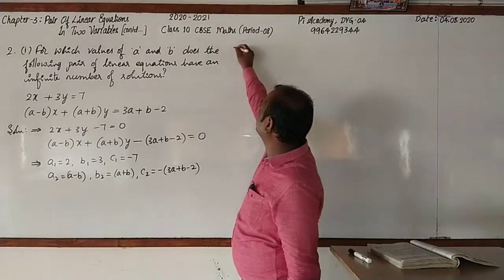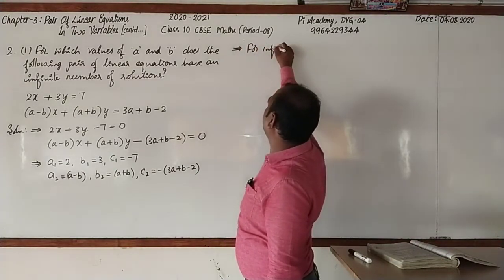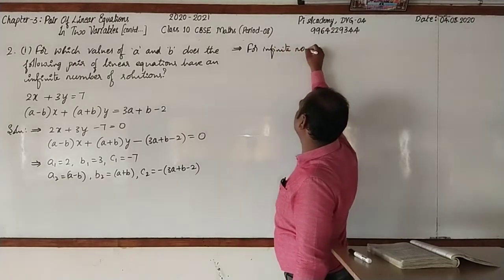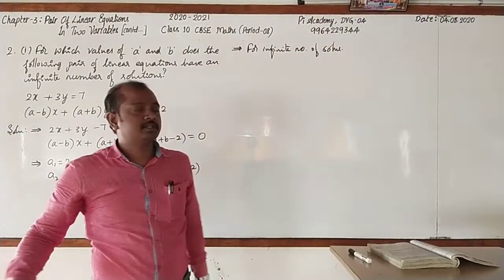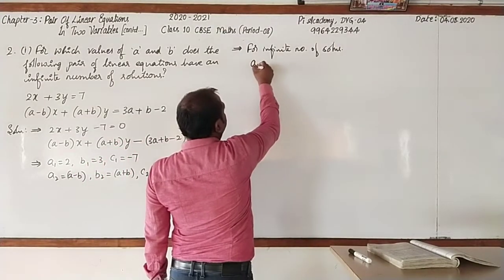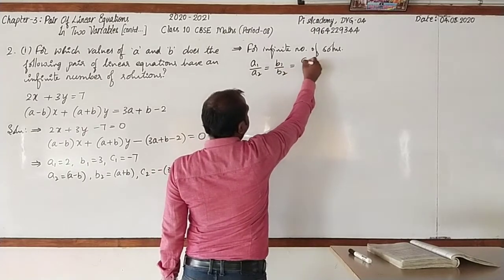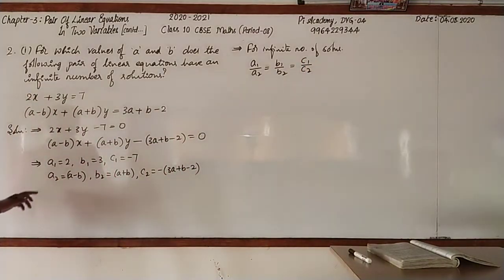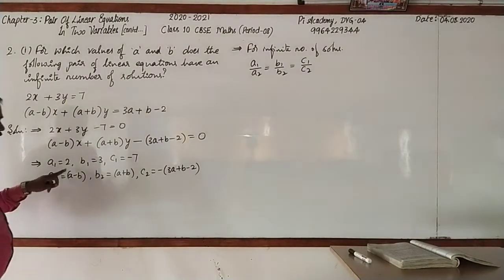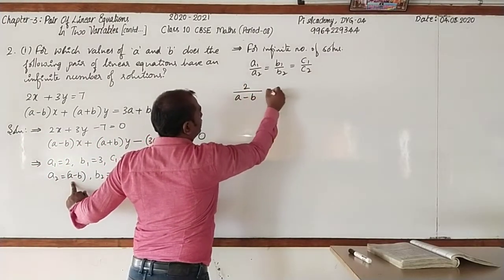Next, dear students, we have a condition for infinite number of solutions. What is that? Here I am going to write for infinite number of solutions. The condition is A1 by A2 is equal to B1 by B2 is equal to C1 by C2. Let's go for substituting them. A1 by A2, 2 by (a minus b).